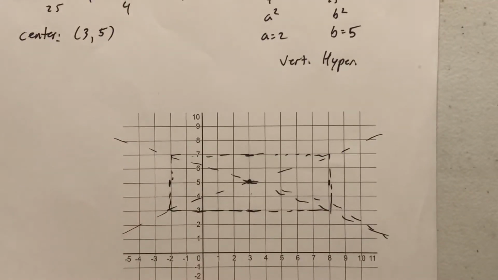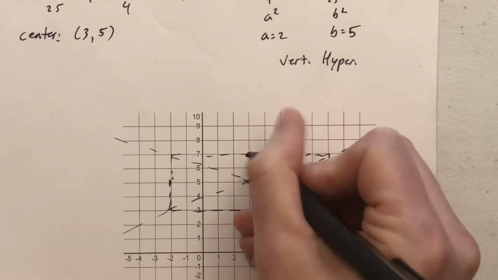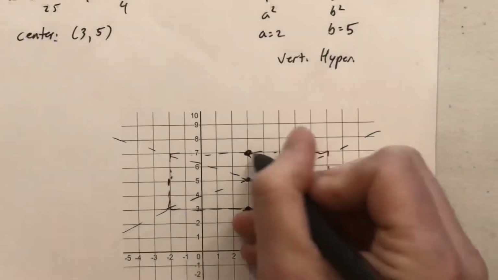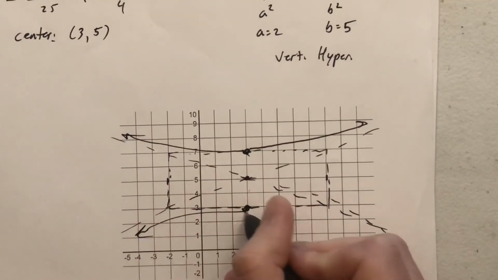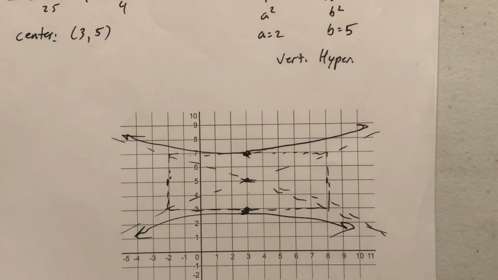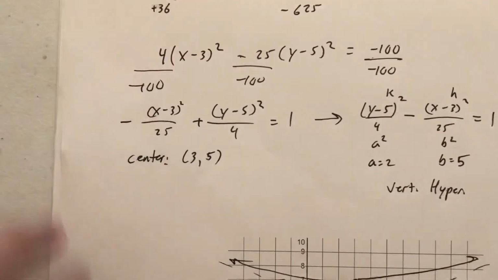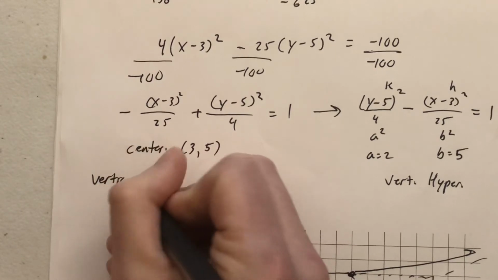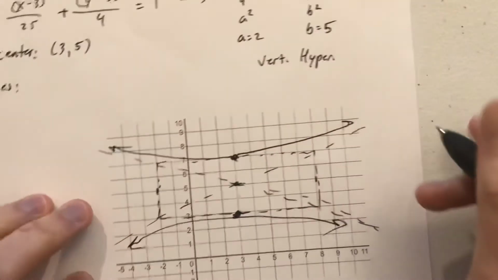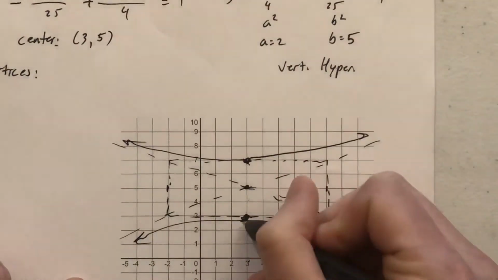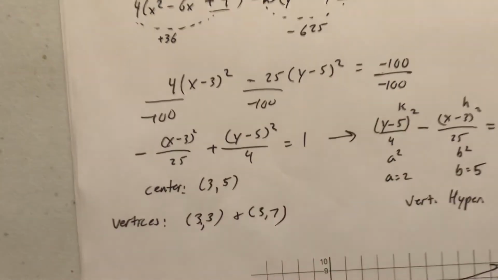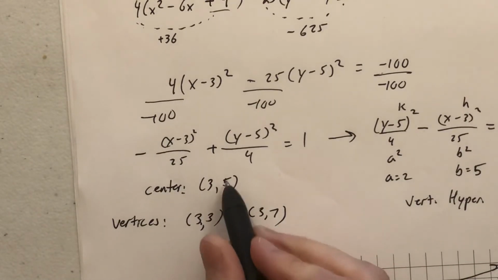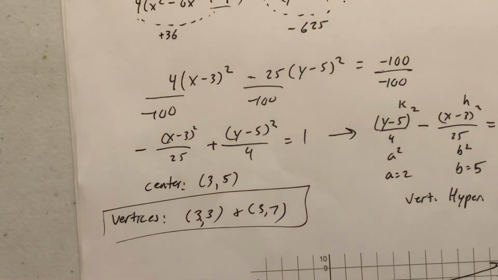Meaning, for this graph, it's opening up and down, so that is going to be the location of our vertices, and they will asymptote off to the left and right. And with that, we can then identify the vertices. So notice they are at 3, 3 and 3, 7. So just the two up and down from our center of 3, 5.